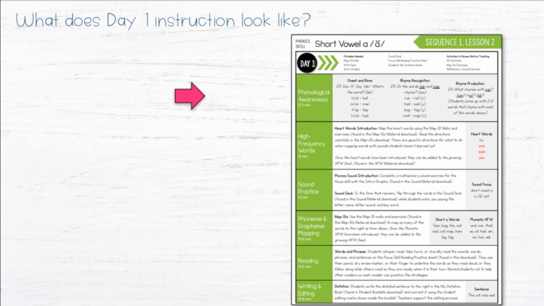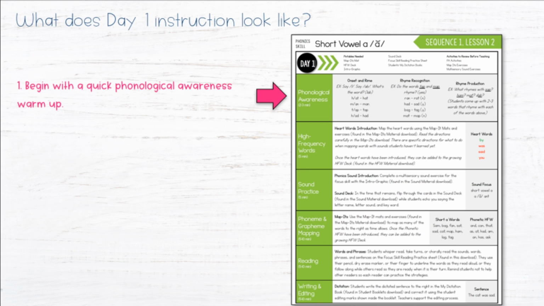Let's talk about what day one instruction would look like in an explicit and systematic structured literacy program. Number 1, you have to start with a phonological awareness warm-up. This is a 2-minute warm-up of specific phonological awareness skills, and it's done all orally and auditory.